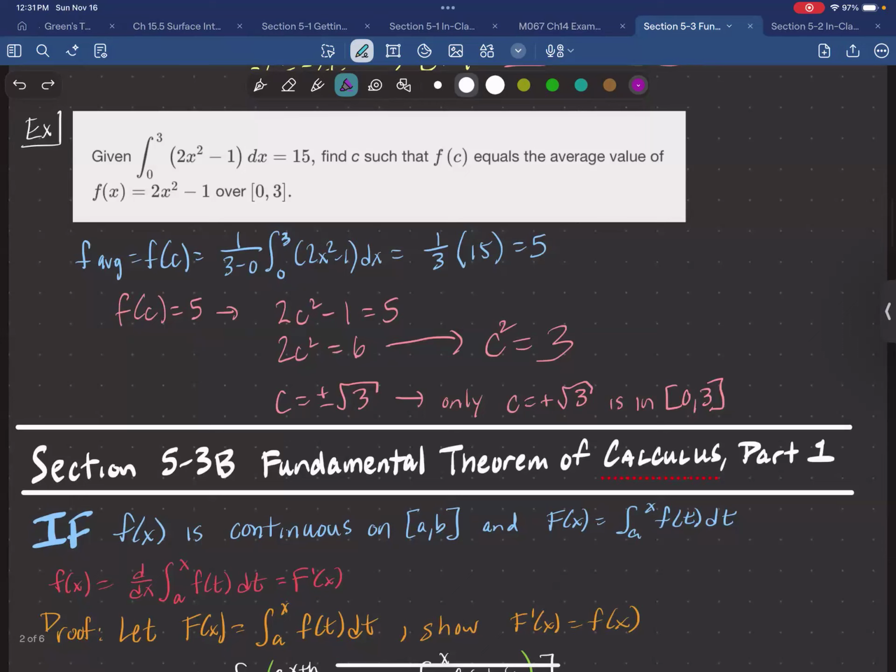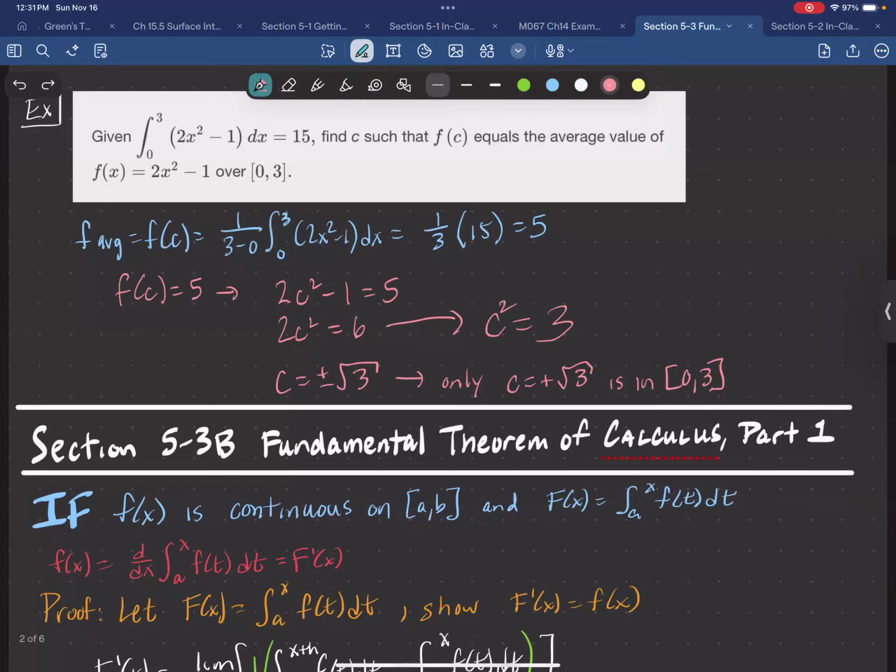We're going to say F of x does equal this, and we're going to show that when we take the derivative, F prime of x actually equals f of x. That is the fundamental theorem.